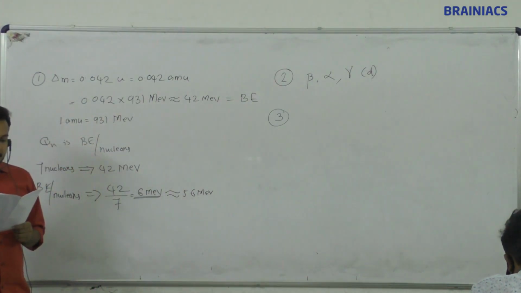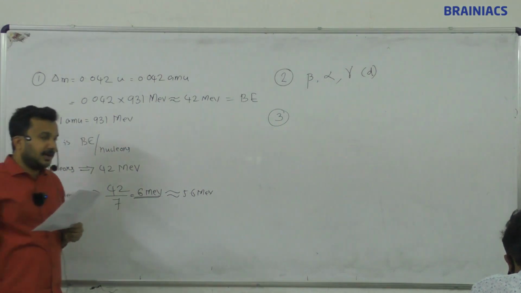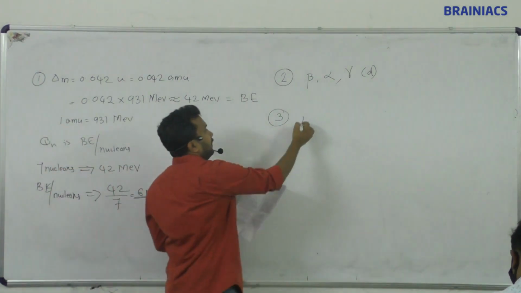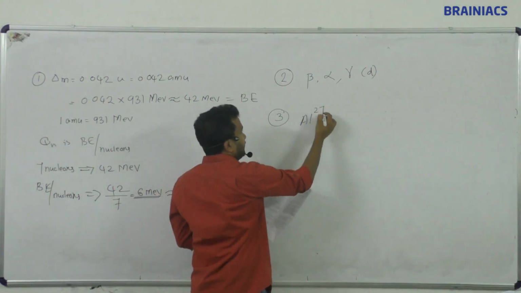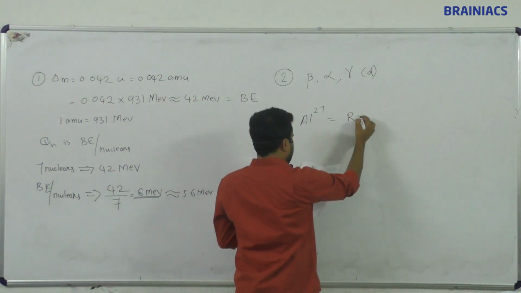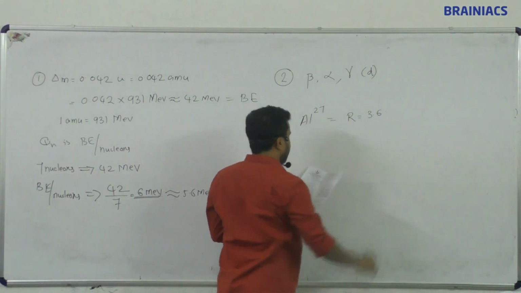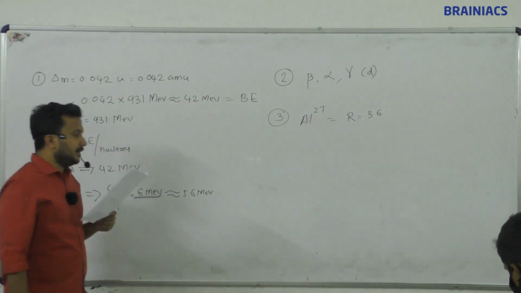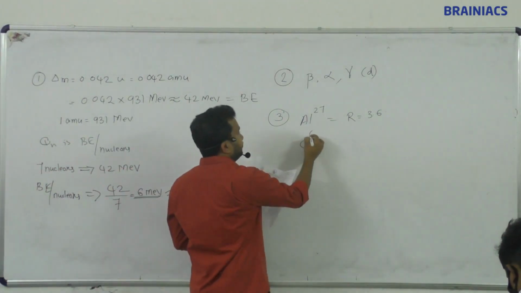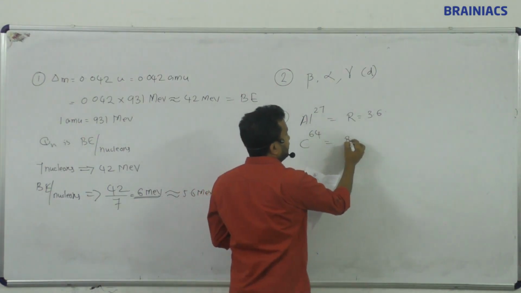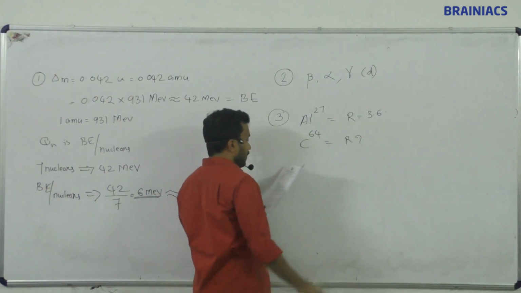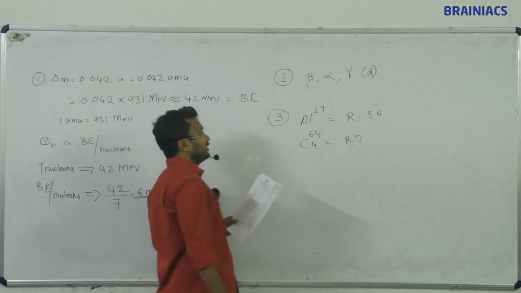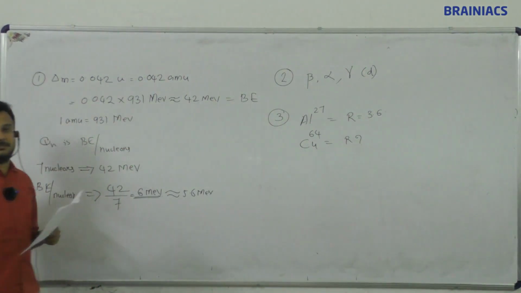Third question. If the nuclear radius of aluminium-27 is 3.6 Fermi, what is the approximate nuclear radius of copper-64?